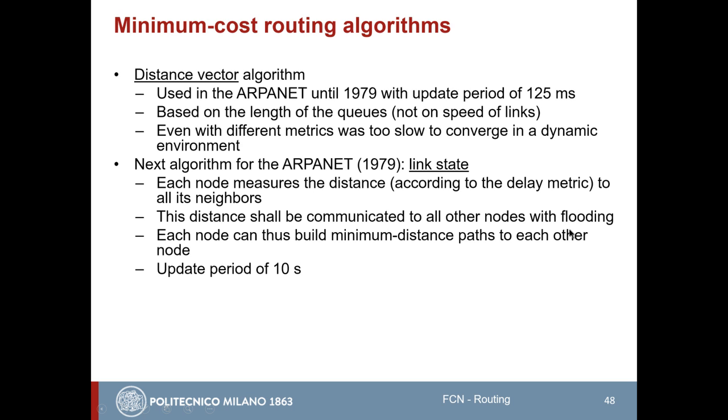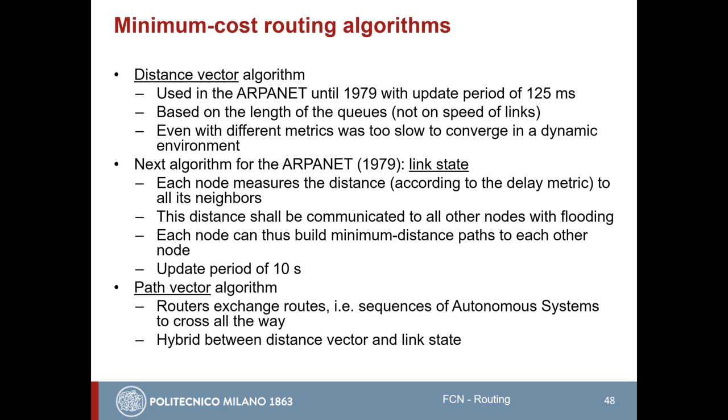So it means each message is replicated for all the other routers. And then each node is able to take all these indications of link state and construct the minimum distance paths. And also the updating period was shorter with the new algorithm.